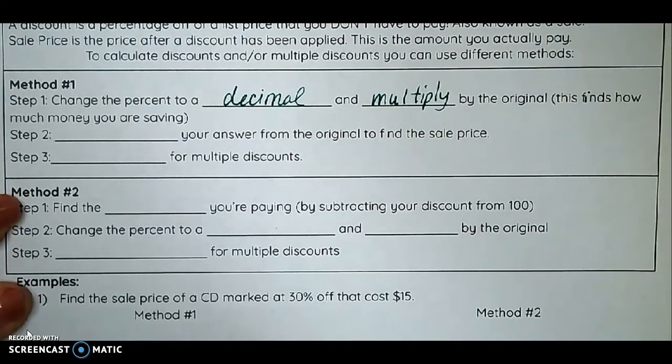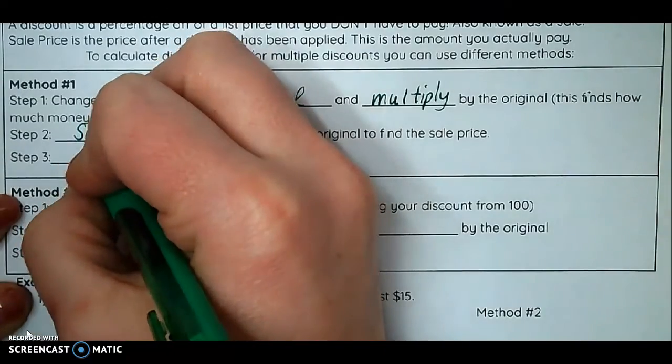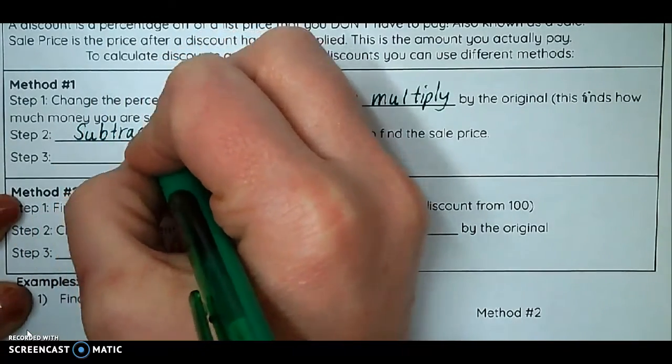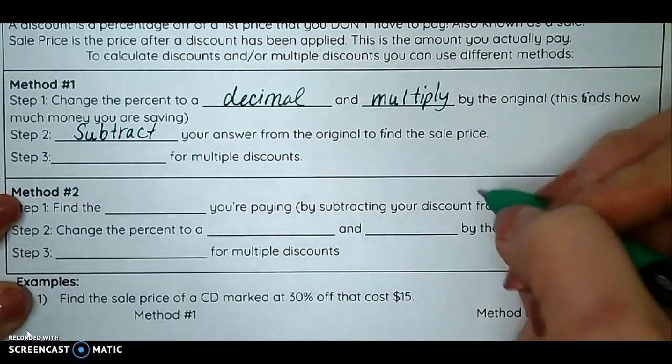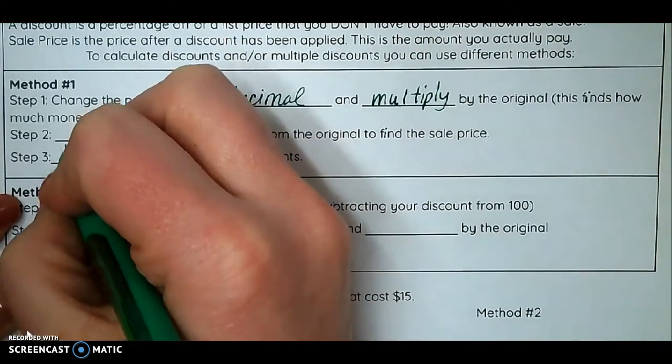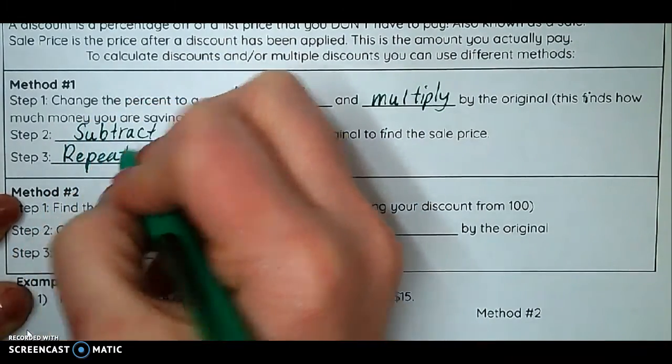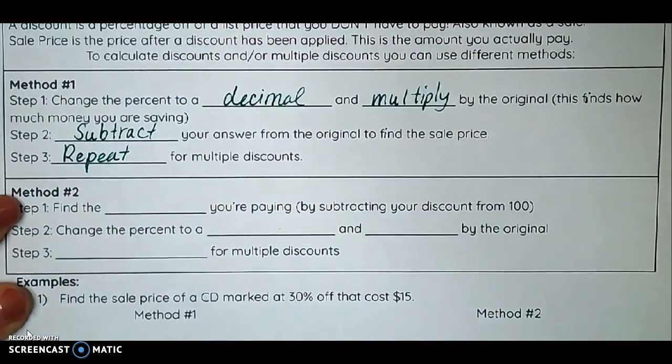You subtract your answer from the original to find the sale price, and then you repeat that process for multiple discounts. So if I have like a 20% off and a 30% off coupon, that's not the same as having a 50% off coupon. So I can't combine them. I have to take them each individually.